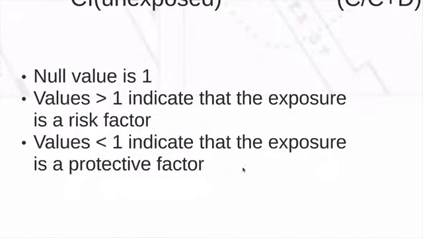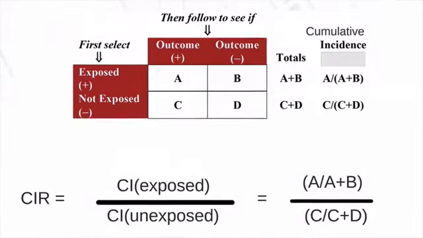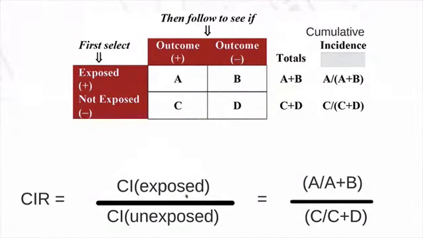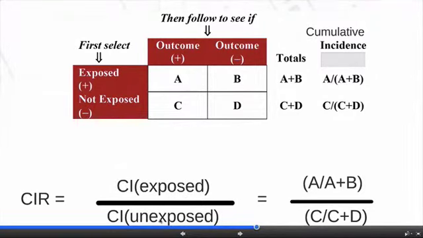Okay, so some basic things about a relative risk. The null value is 1. What that means is that if there is no association between your exposure and your outcome, you will end up with a relative risk or a cumulative incidence ratio of 1. Because what does 1 mean? 1 means that the incidence of your exposed was the same as the incidence of the unexposed.